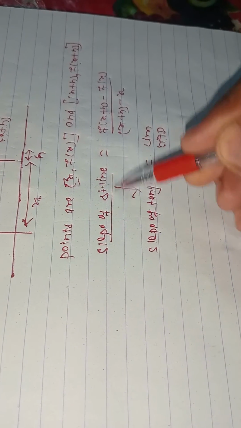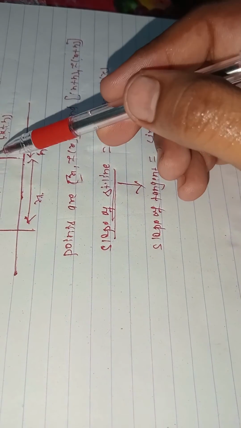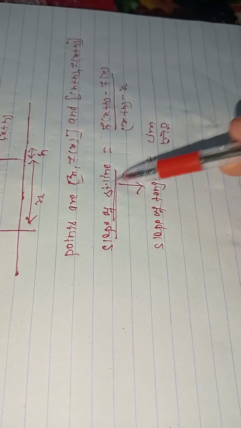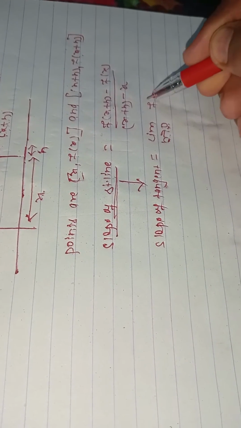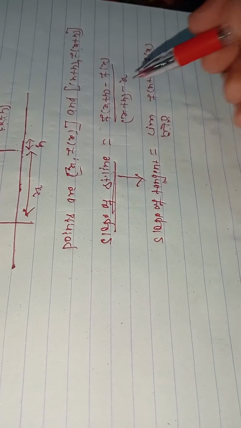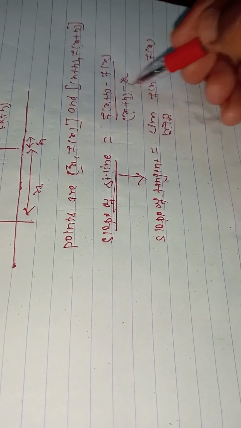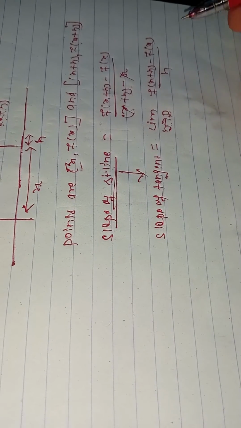Here it is the slope of a straight line, but when h tends to 0 there is no gap, so this straight line changes into a tangent. Now f(x plus h) minus f(x), and (x plus h) minus x gives h.